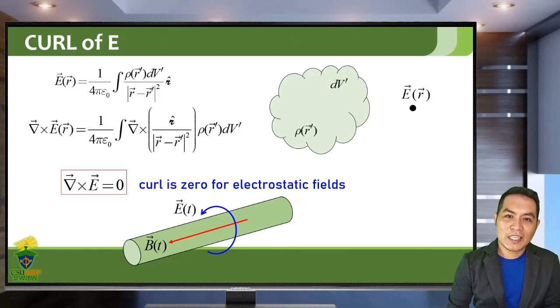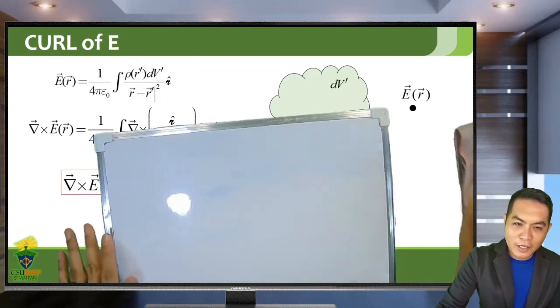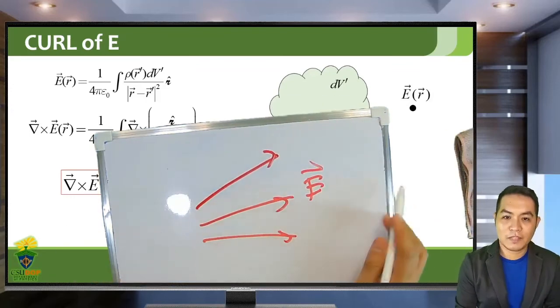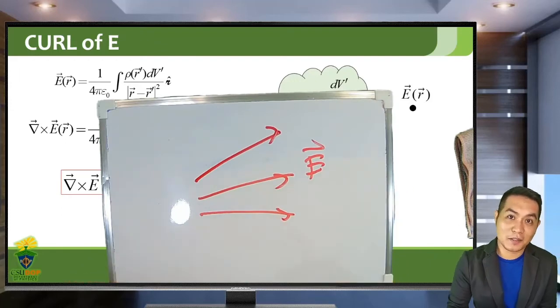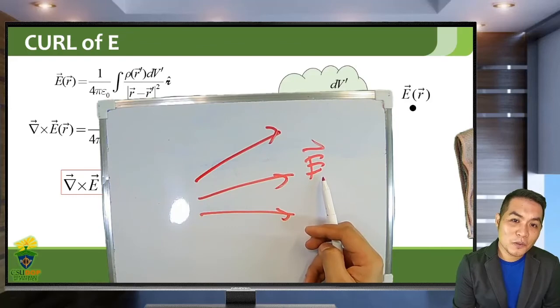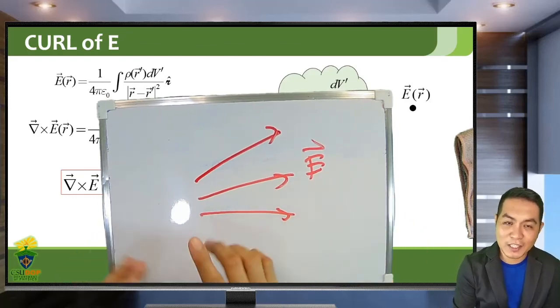In the case of a diverging electric field, it has a divergence, but it actually doesn't curl. So the divergence is not 0, but the curl is 0 because it's not curling around something, it's just diverging.